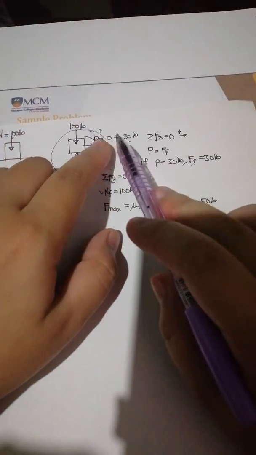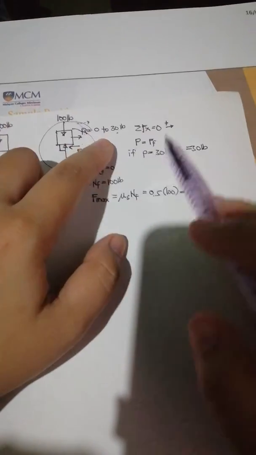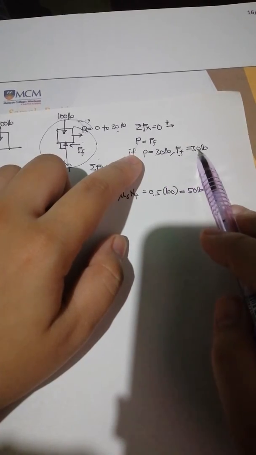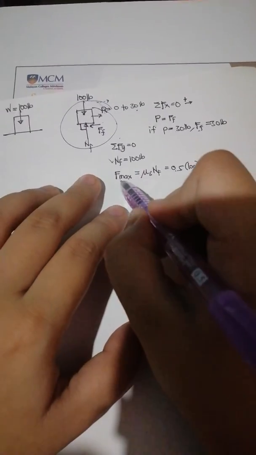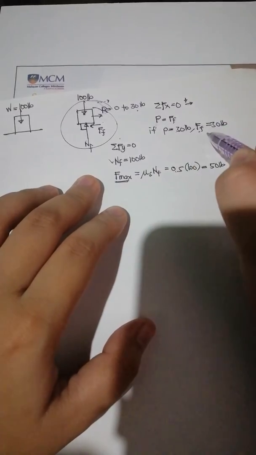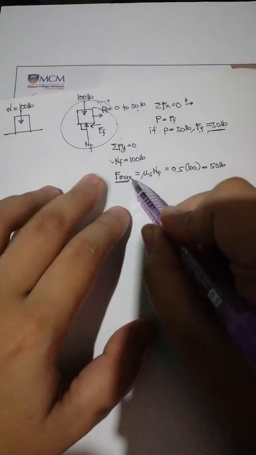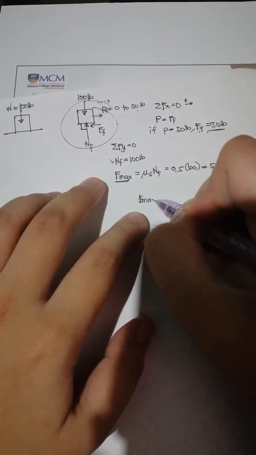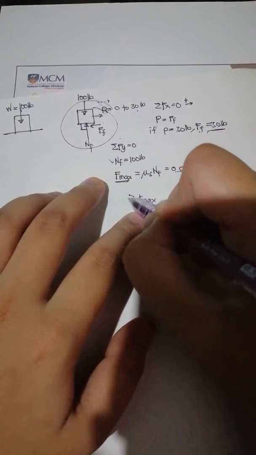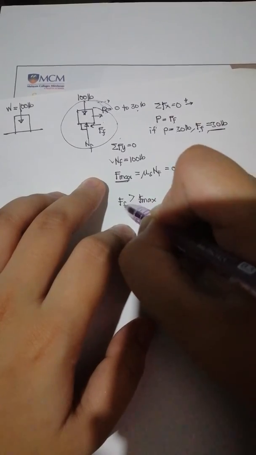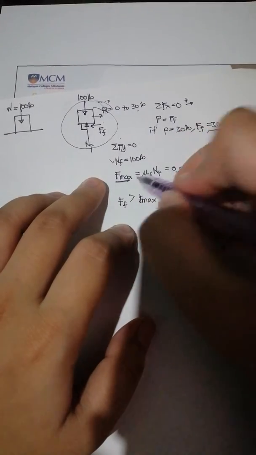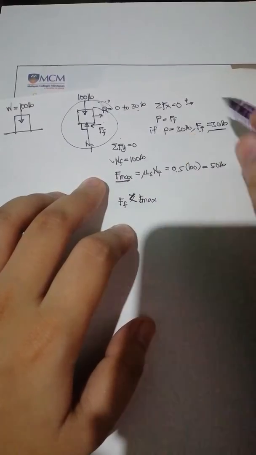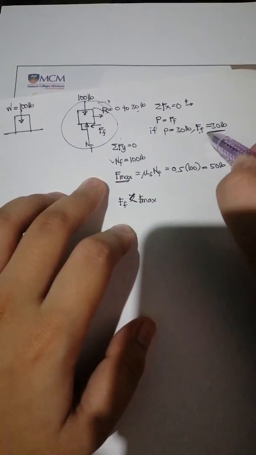So from 0 to 30 pounds, if P is 30 pounds, then the friction force is also 30 pounds. Now, if we compare that to the maximum static friction, as you can see, the maximum static friction is greater than the actual friction force.